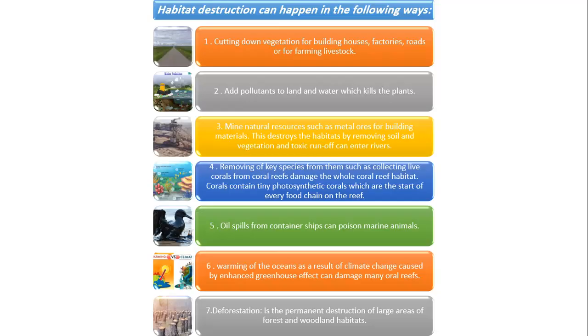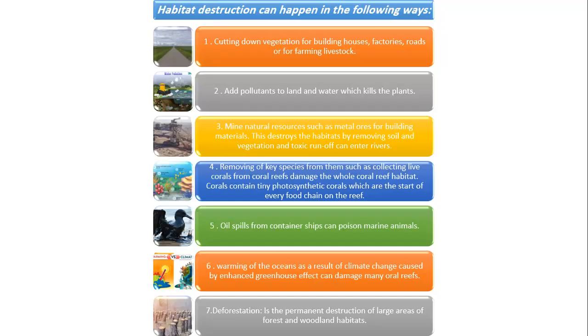Also, removing a key species. What's a key species? This is a species that, when you remove it from the food chain or the food web, will alter the whole food chain and food web. Yes, any species when removed can cause damage, but the key species causes the most damage. It alters the whole thing, not only the species that are in direct contact with it.